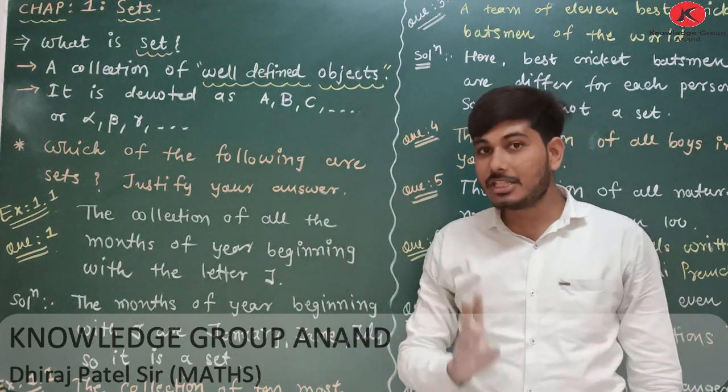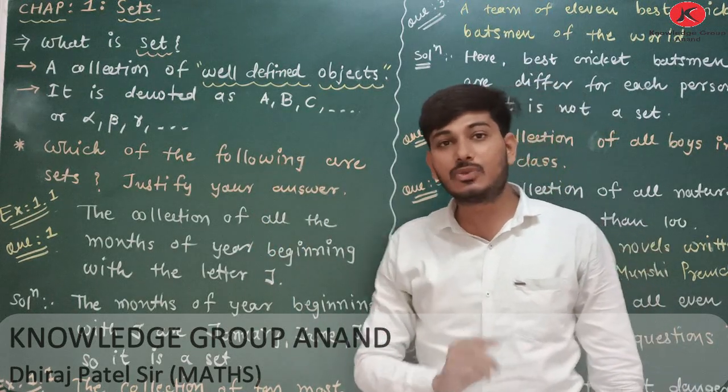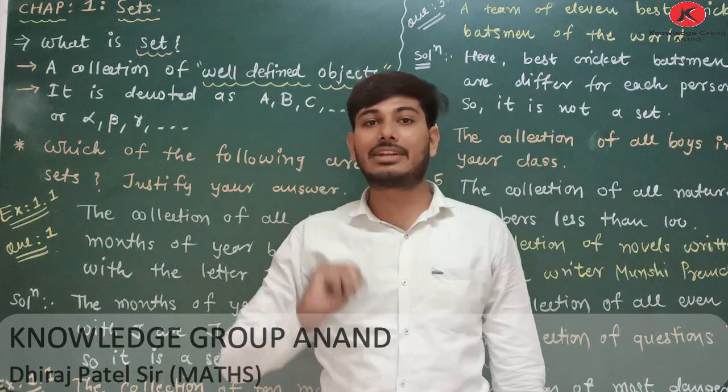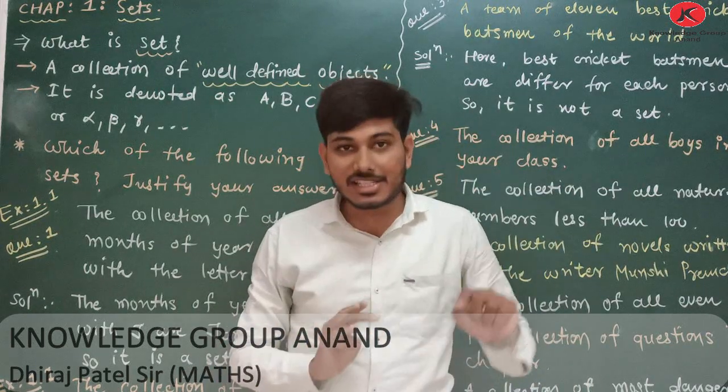There are 3 months beginning with the letter J in 12 months.